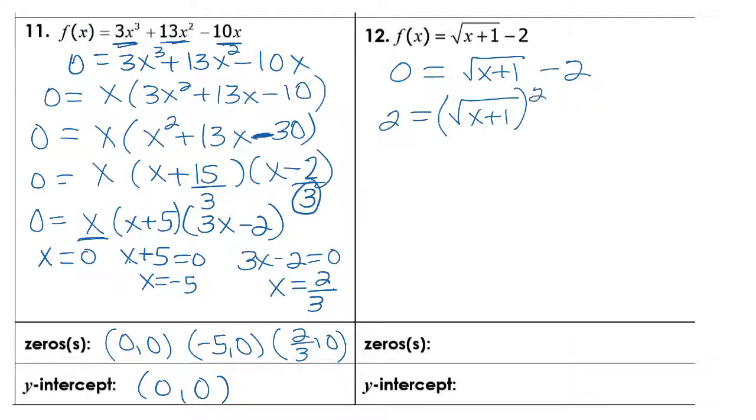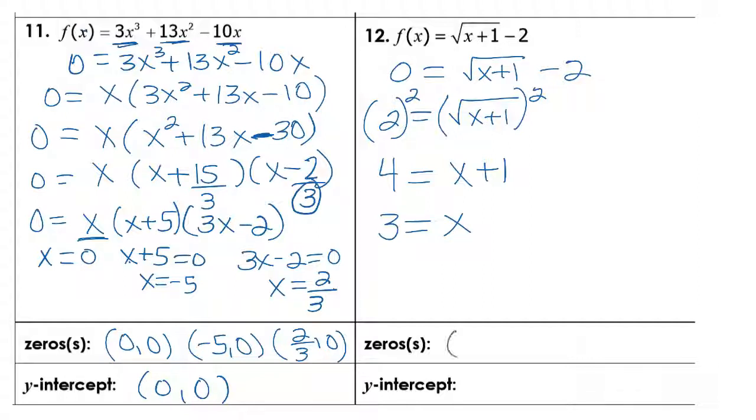Square both sides. Y'all knew that, didn't you? So 4 equals x plus 1. And so how do we solve for x? Subtract the 1 over, and we're going to get 3. So x equals 3, doesn't it? Yep.